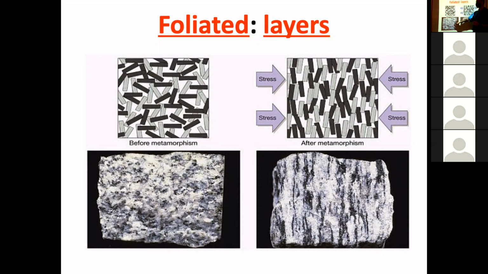So it's the same crystals and the same minerals, but now they're all running in the same direction. So it looks like there are stripes, or it looks like there are bands or layers. Over here, like I said, they're all over the place, but here they're all in line. So you end up with something that's foliated. It looks like a foliated rock.